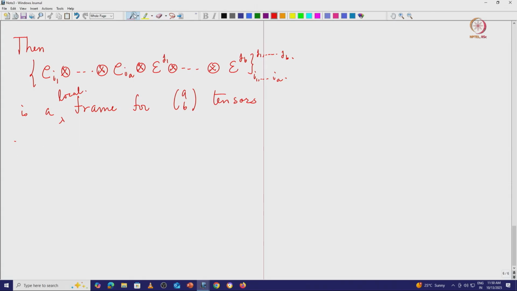So remember, what was a tensor? A tensor was a multilinear map on A copies of one forms and B copies of vector fields into smooth functions. Firstly, I need to tell you how this defines a local tensor. So it defines a local tensor in a simple way.